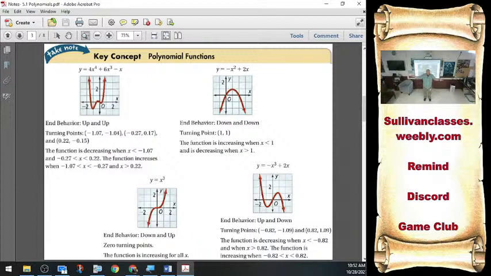Versus by the end of the year, you're either completely burnt out and get me out of here, or you're excited because, yay, I get to go do summer things. At the end of the year, you act a certain way, right? This graph is going to act a certain way all the way to the left and all the way to the right based on the leading term.